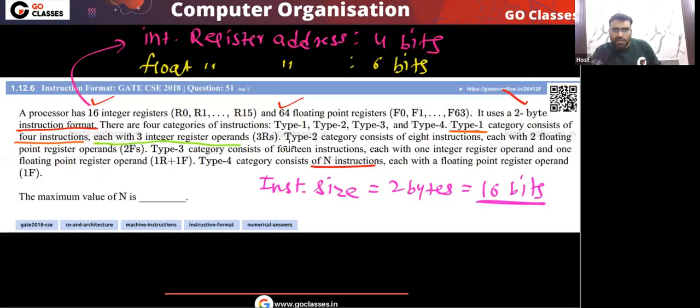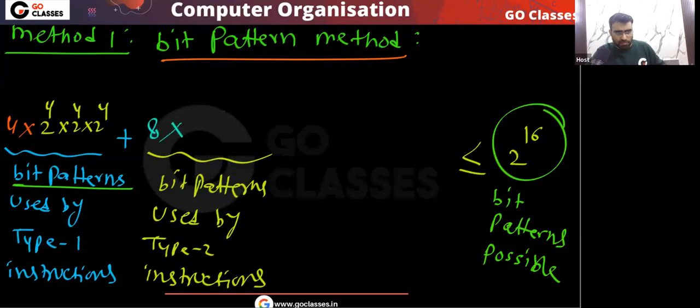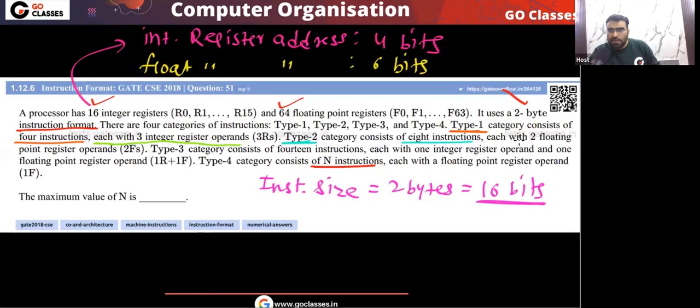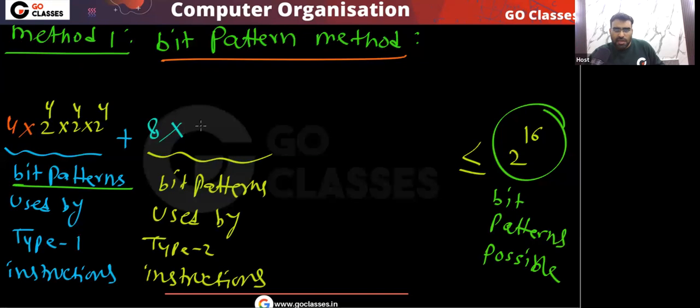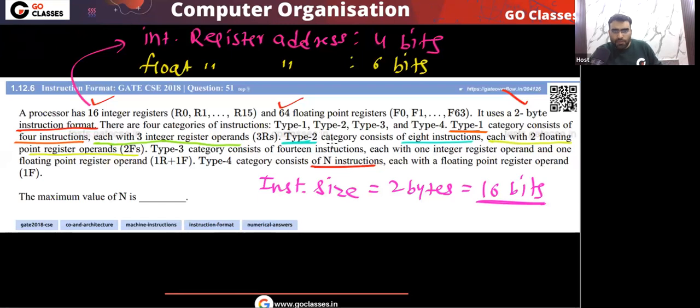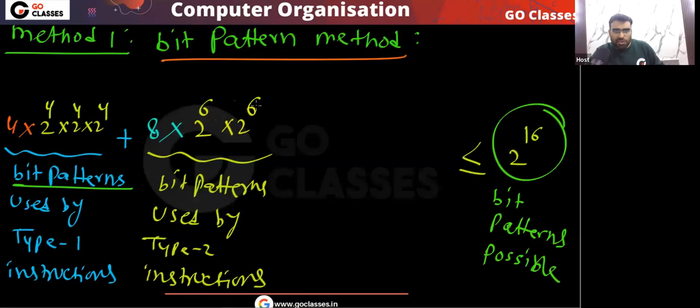Again, you can see in the type 2 category, you have a total of 8 instructions, each with 2 floating point register operands. So every type 2 instruction will consume 2 power 6 into 2 power 6 bit patterns. Yes or no? Is this clear? Because every type 2 category instruction has 2 floating point register operands. If I give you a particular type 2 instruction, then it will consume these many bit patterns.